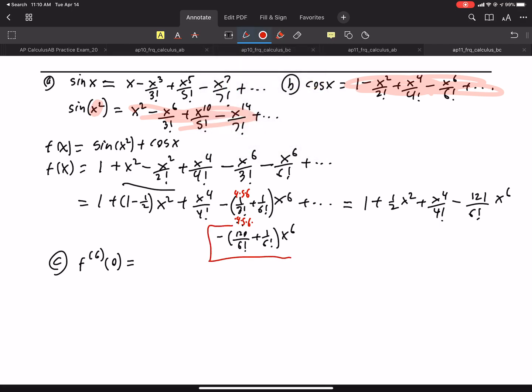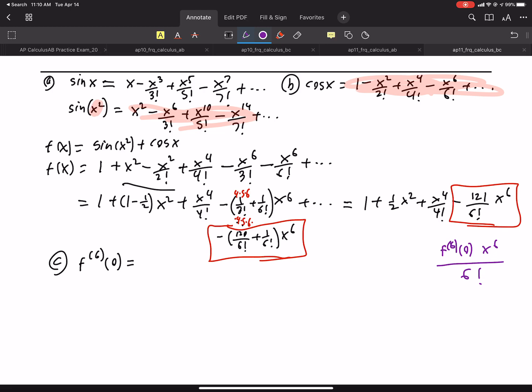How do you get this term from a Taylor series if you're building it from scratch? So built from scratch, that would be equal to the sixth derivative times x to the 6 over 6 factorial, right? That's how you'd create that.